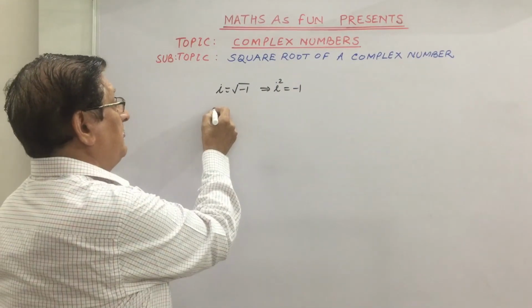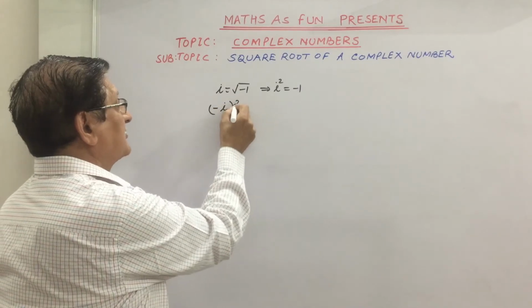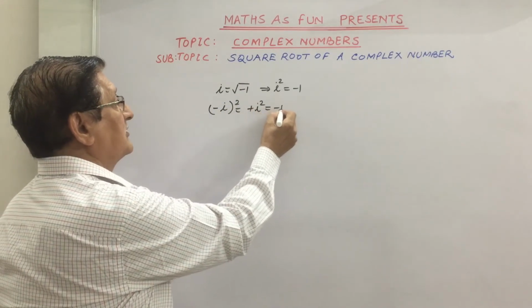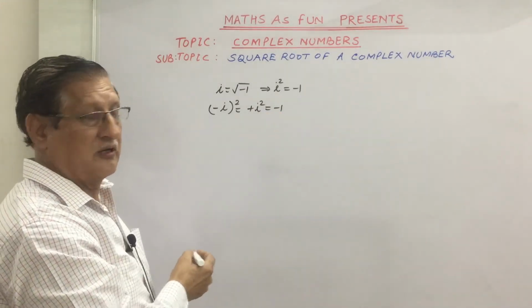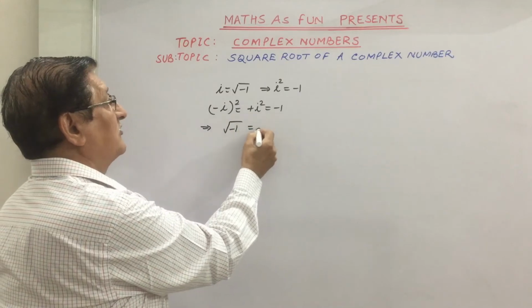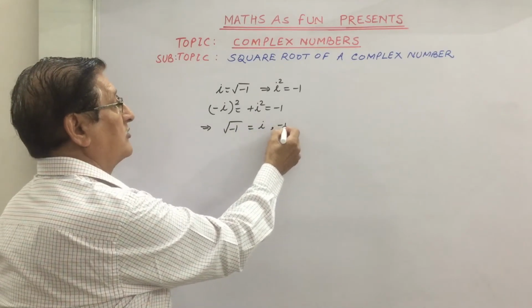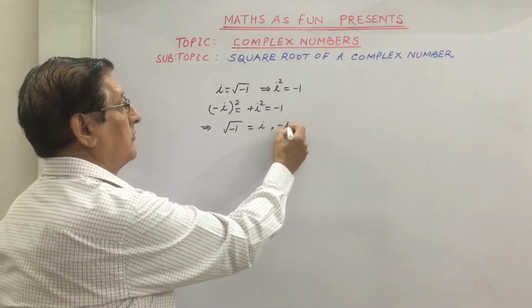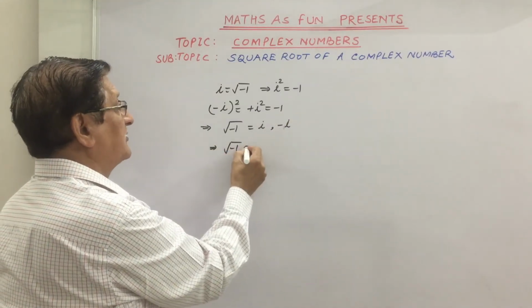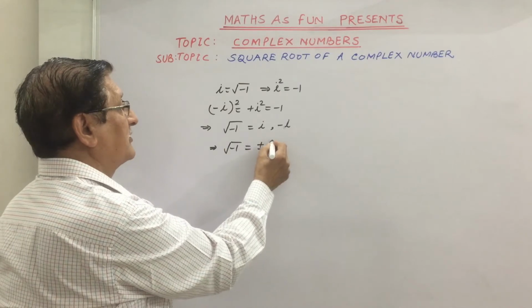If we make the square of minus iota, that will also be plus iota square, that is minus 1. It means we can say that square root of minus 1 will be iota and also minus iota. Or we can say that root of minus 1 is equal to plus minus iota.